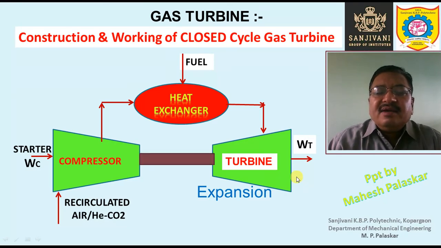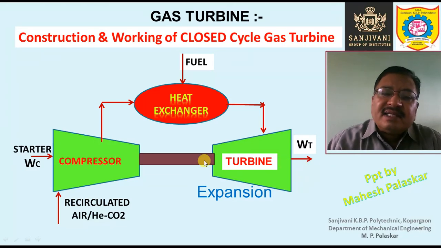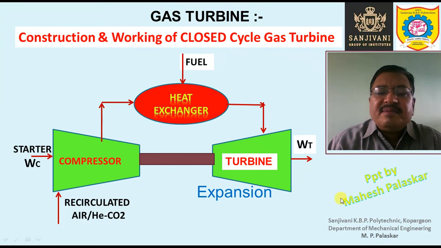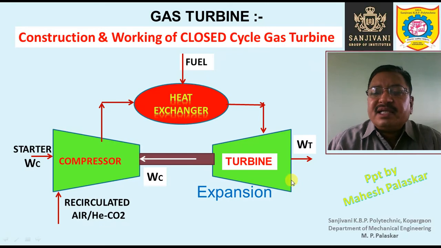Now this turbine will operate the compressor. Whatever power is produced by the turbine, some of it will be given to the compressor. Some of it is utilized for driving the compressor, and the remaining power is the output power, and it can be used for production of electricity if the turbine is coupled to the generator. Okay, but some power is given to the compressor.